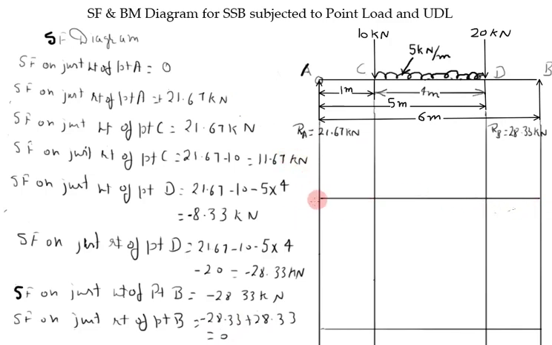So first is point A, it has got 0, second value of point A is 21.67, then C has got 21.67 and 11.67, then D has got minus 8.33, then minus 28.33, and B has minus 28.33 and 0.